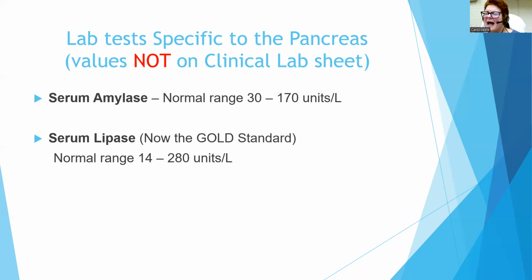It used to be that the amylase takes a certain amount of time to increase, and then the lipase a little bit longer. But now the gold standard is looking at the serum lipase, and that normal range is 14 to 280 units per liter. So anything above that indicates pancreatitis.